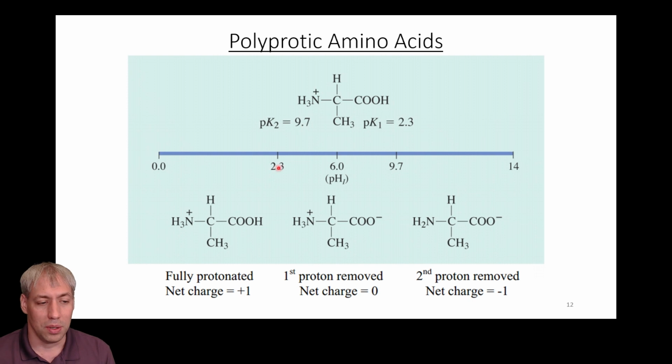So anywhere between 2.3 and 9.7, the external solution is strong enough to steal a proton from the COOH, but not strong enough to steal it from the NH3. And so you only lose one of those two protons. This is known as the zwitterion. It's a balancing plus and minus. Under biological conditions, most amino acids exist in this condition here because it's between this 2.3 and 9.7 range.